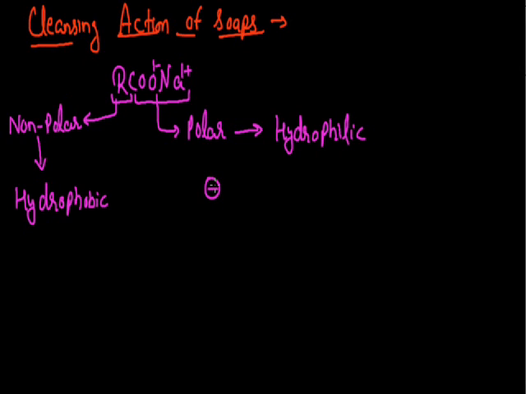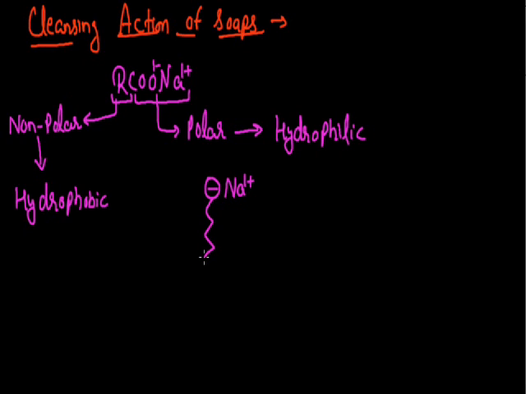We can also represent this hydrophilic group by making a small circle with a negative charge. This small circle indicates the carboxylate anion, which is present with the sodium cation, and the sodium cation is represented by this symbol. The other thing attached to the carboxylate anion is the hydrocarbon group that I have represented by the symbol R. Since it contains a large number of carbon atoms, I will use the bond line notation for this hydrocarbon chain.